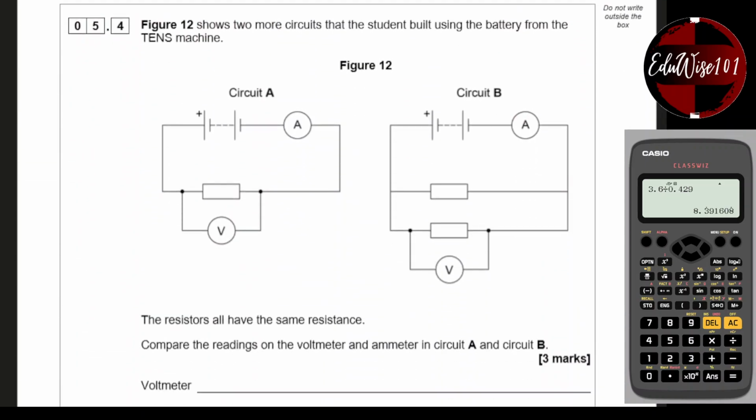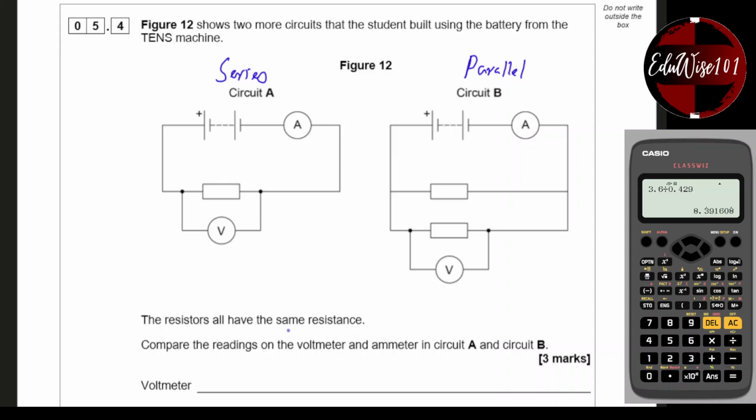Next question, 5.4. Figure 12 shows two more circuits that the student built using the battery from the TENS machine. So you have a series circuit here. So this is a series circuit, which is circuit A. And circuit B is a parallel circuit.